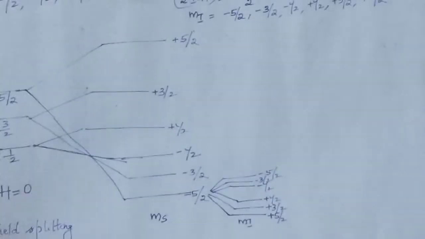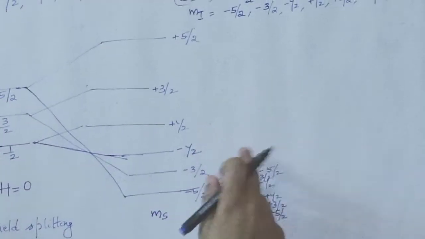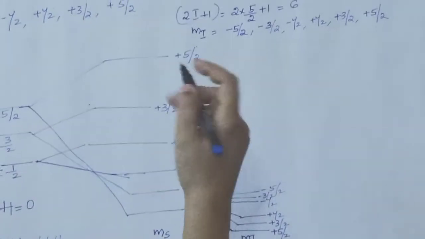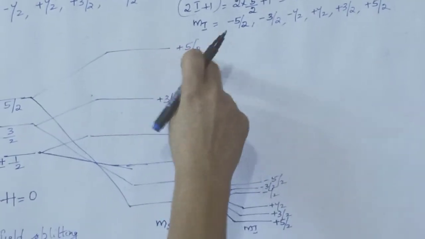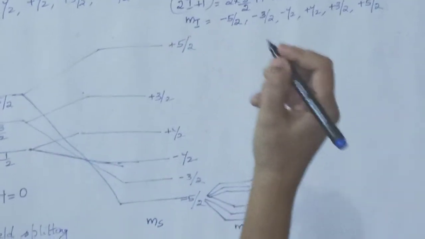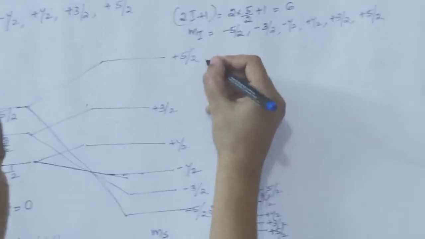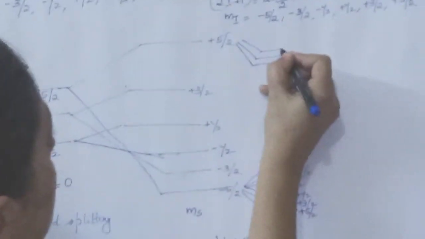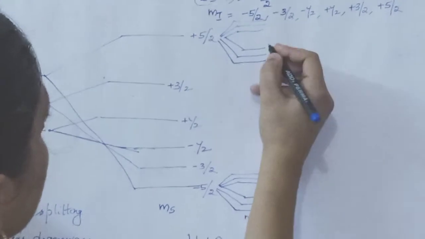I will write one more example, because you can work out the rest given the space restriction. Where ms is equal to plus 5/2, there will also be 6 spin states.